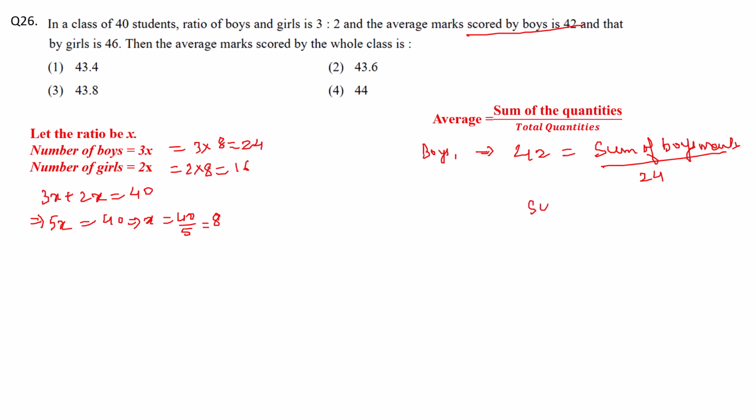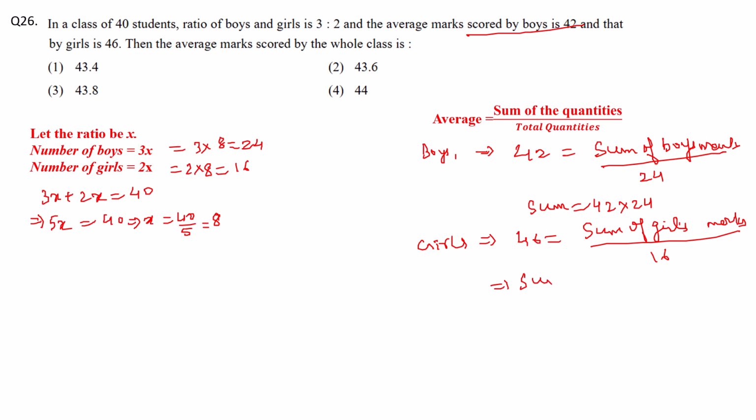So from here the sum I will get as 42 into 24. This is for boys. Same way let me find for girls. So for girls, average is given as 46. Then sum of girls' marks divided by number of girls, which is 16. So from here the sum of the girls' marks will be 46 into 16.